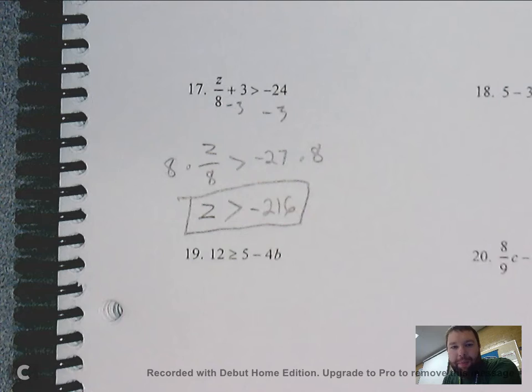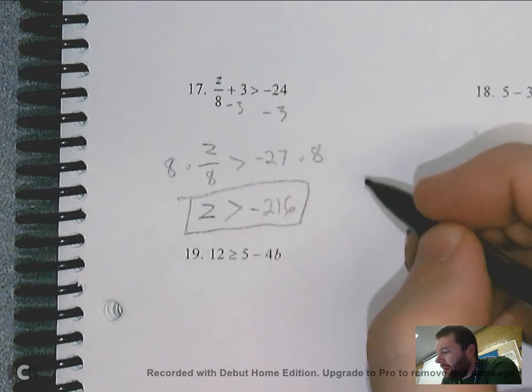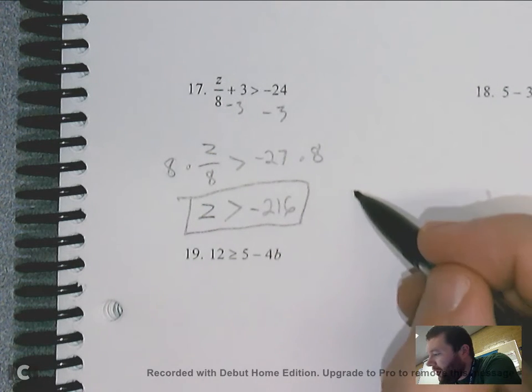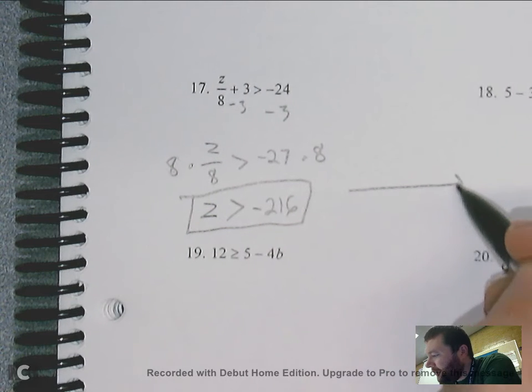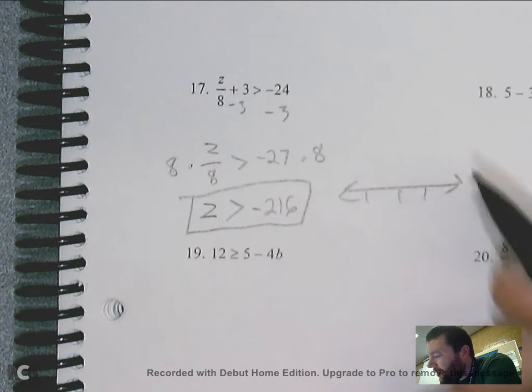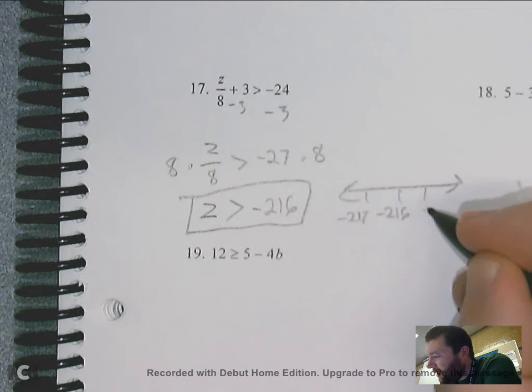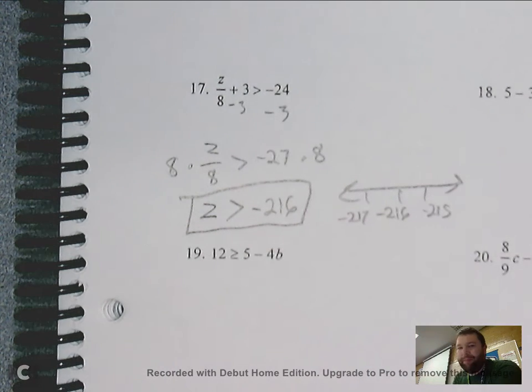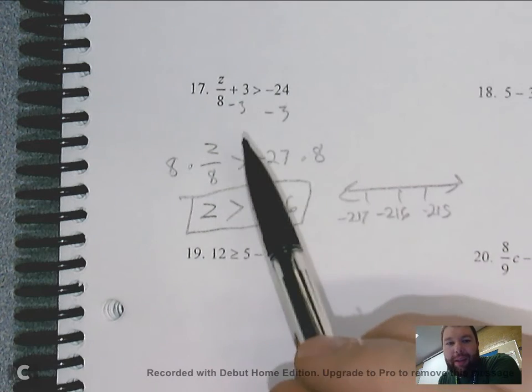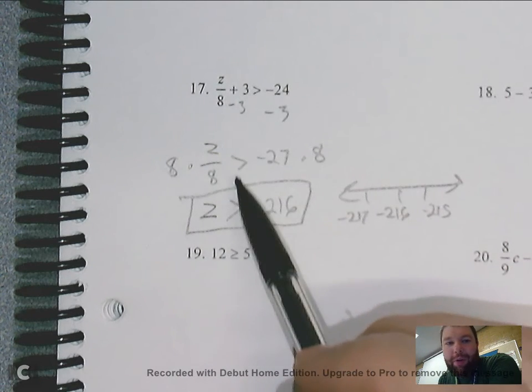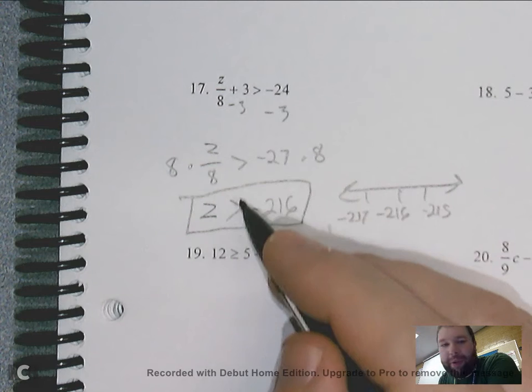Now the next step is to do our little number line here. So again, I usually just do 3 numbers: the main number, the number before it, and the number after it. Okay. Now looking at this symbol, is it a regular inequality symbol, or is it an equal to?